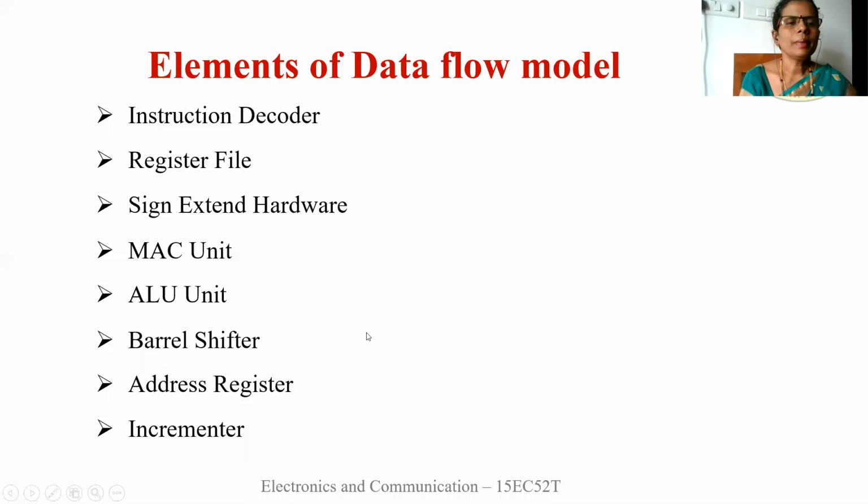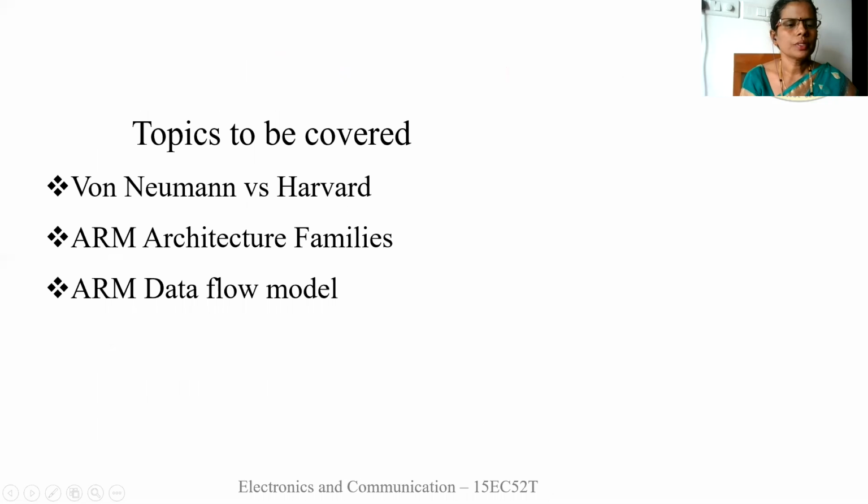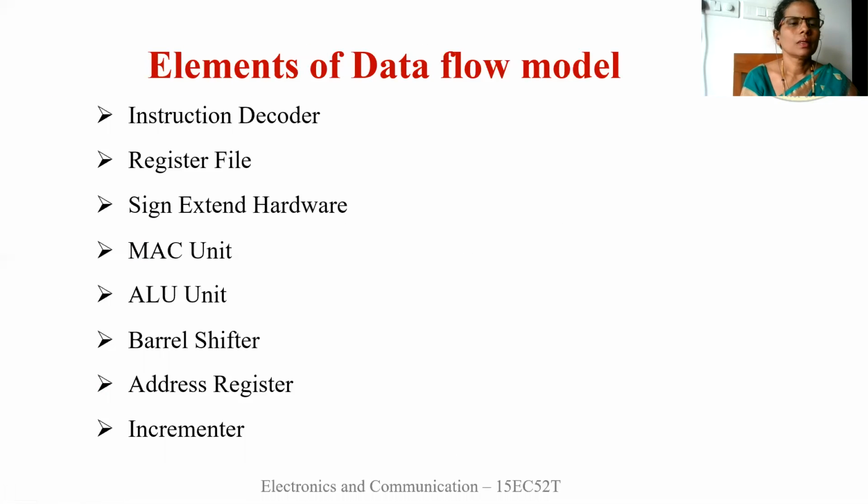Next, we'll study the elements of the ARM data flow model. In the ARM data flow model, we have 8 elements: instruction decoder, register file, sign extend hardware, MAC unit, ALU unit, barrel shifter, address register, and incrementer.